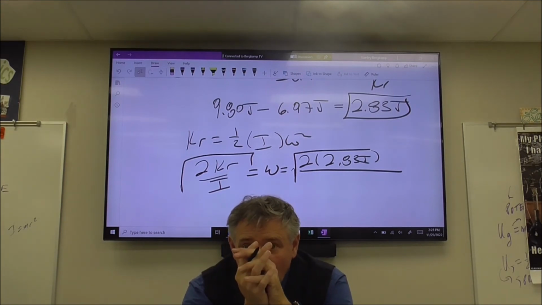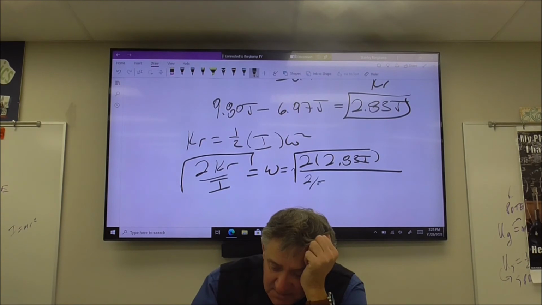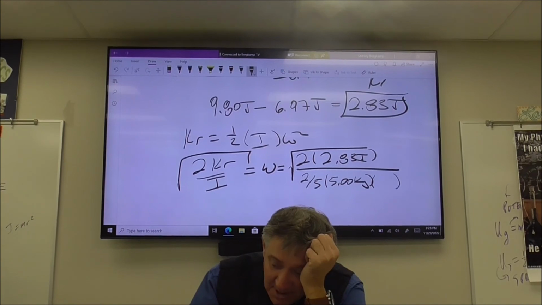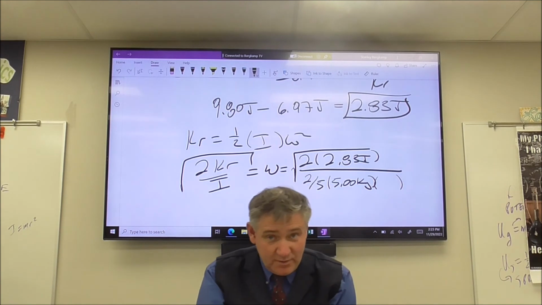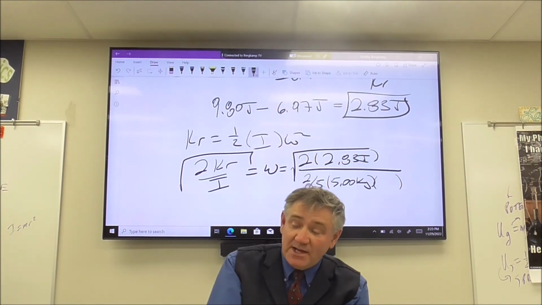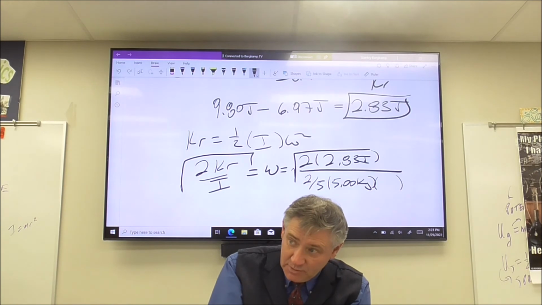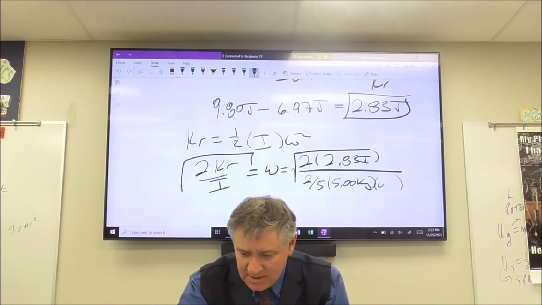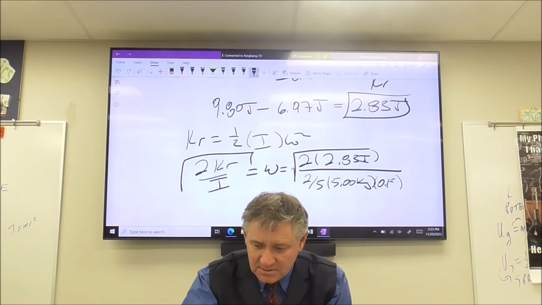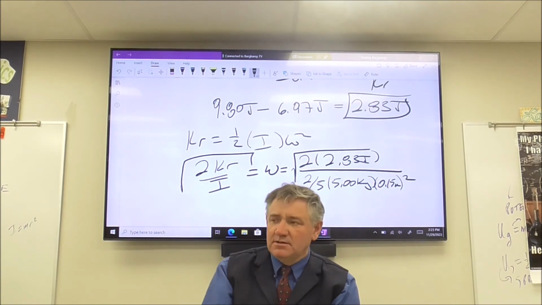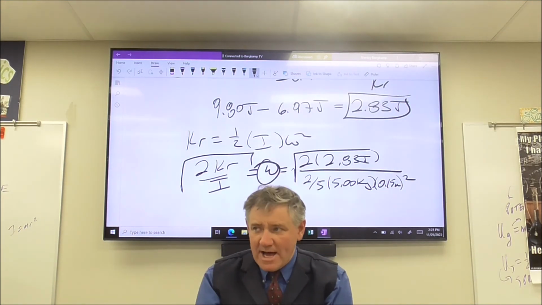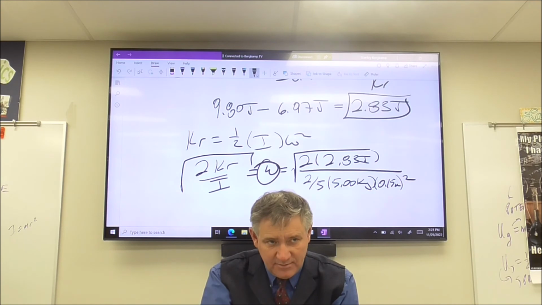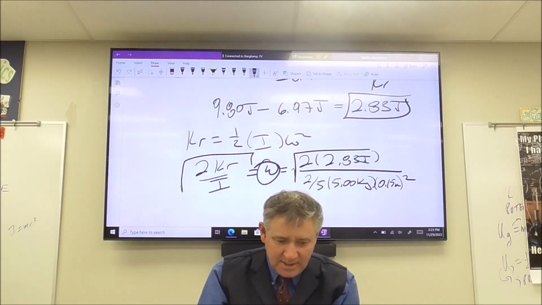I'm going to use 2/5 mr squared. So I got 2/5 times my mass, times r squared. Now I do have to give you the radius. Let's say the radius is 0.15 meters, and then that's going to get squared. To actually calculate omega, you have to have the radius of the object. So then you can get omega out of that.